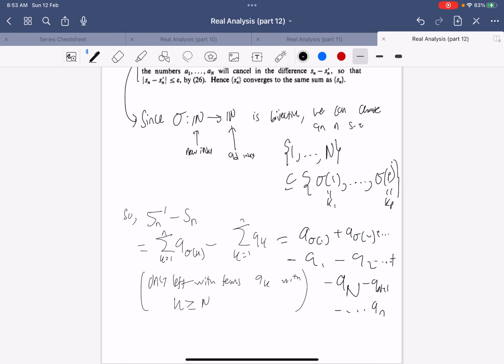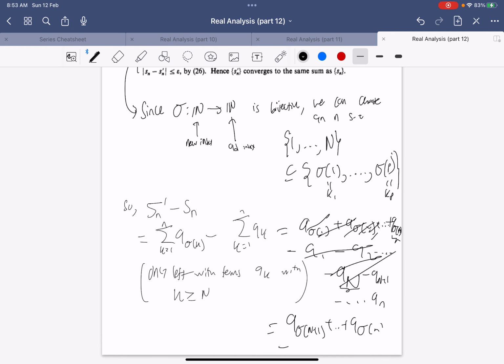Then this is adding all the way to a sigma p, a sigma n. Because this a sigma n would encompass all these capital N's, this portion will cancel out, and maybe the first n terms will also cancel out.